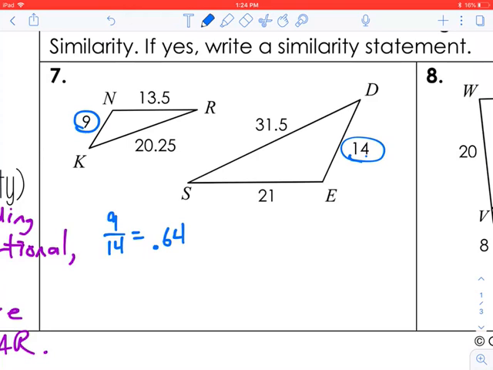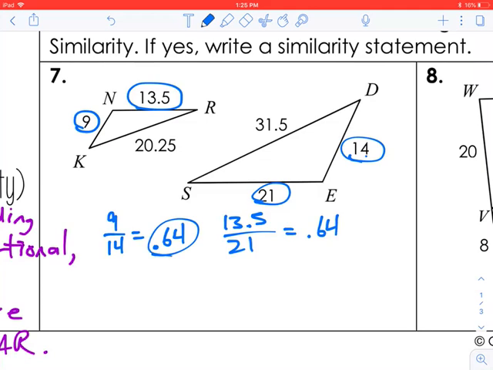And so the second largest of the first triangle, 13.5, and the second largest over here is 21. Well, 13.5 divided by 21 is still 0.64. And now the biggest, 20.25 over 31.5, is also 0.64.